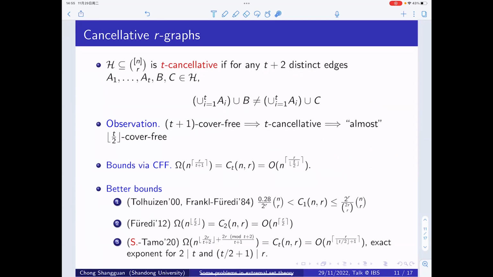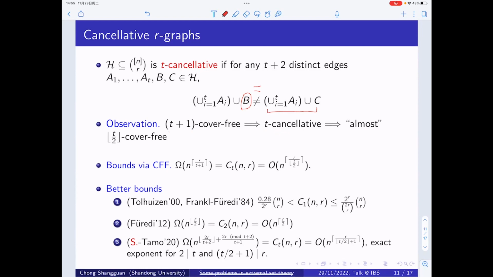First of all, it is not hard to see that if an r-graph is (t+1)-cover-free, then it must be t-cancellative. Otherwise, if we have equality here, then B is contained in the union of the A_i's and C, violating the (t+1)-cover-free property.